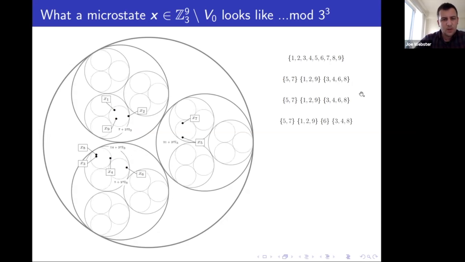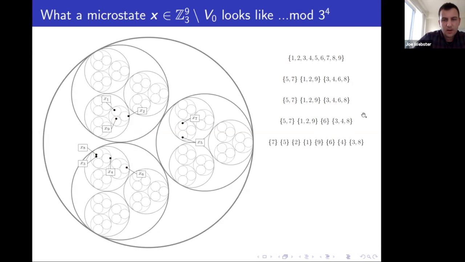If I mod out by 27, we do learn a little something new. This particle x6 is no longer a part of this group, and that is measured here. We mod out by 81. It looks like we do get a little bit more distinction between these particles. Mod out by 243.